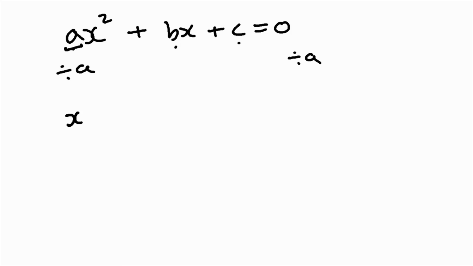Now, the reason we're doing that is because when we complete the square and we put it into the brackets squared, our x term, we don't want anything in front of it. So b divided by a, we're just going to leave as a fraction, and then we have c divided by a.